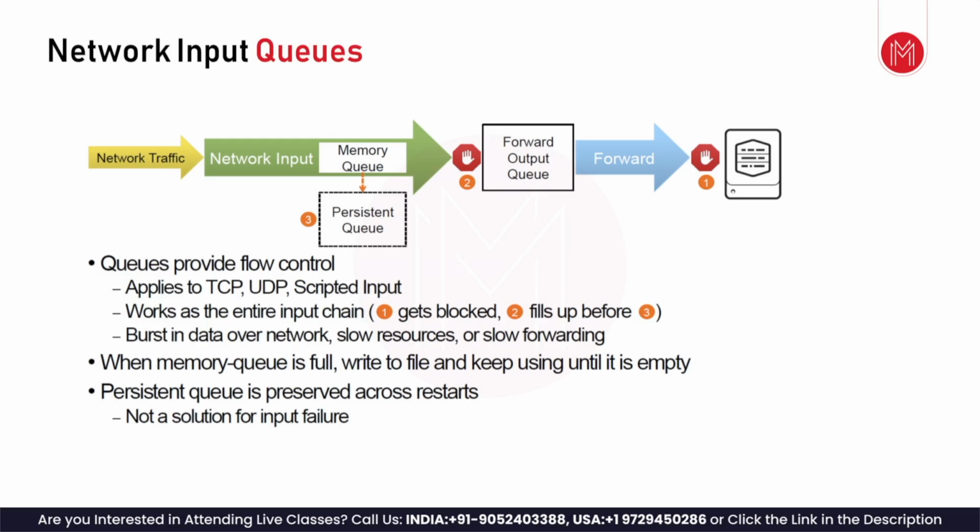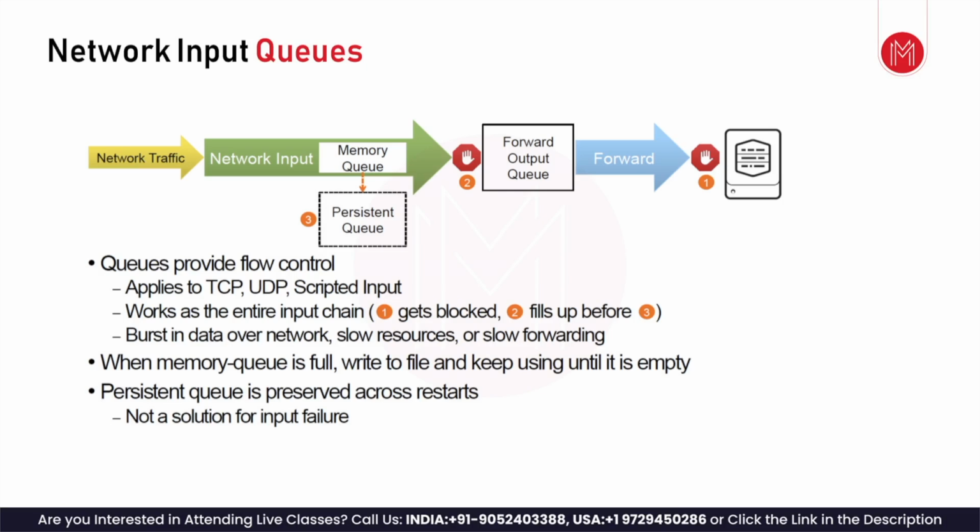This applies to TCP, UDP or scripted input, whatever inputs you are creating. It works as an input chain, the entire input chain. So the first one gets blocked and fills up before it is moving to other queues. Whatever data we are getting passes every queue, and it makes sure you are getting the data in the indexer.